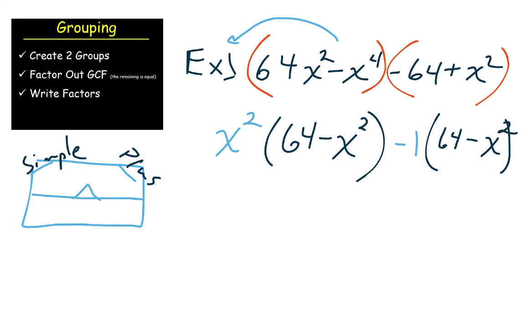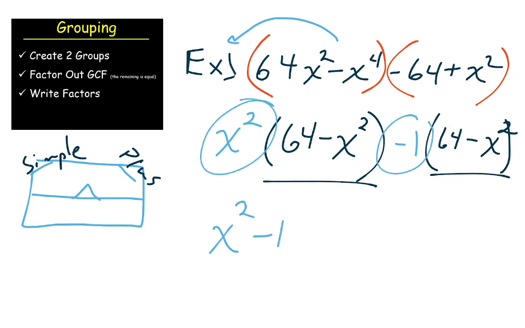Why does that have to be a minus sign? Well, think about it. I have a minus sign here. I need another minus sign here so that I end up with a plus sign in my original equation. So 64 minus x squared looks the same as this 64 minus x squared, which is good. That means I can create my two factors.